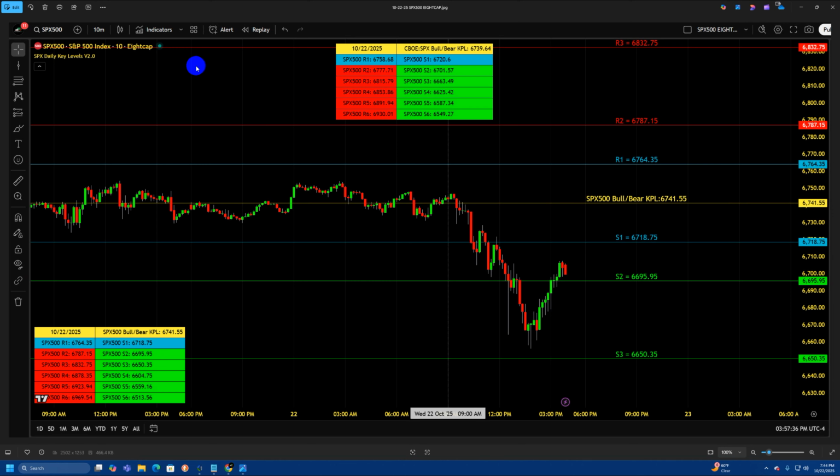Now another reason you'd want to have the indicator on this symbol, if you are trading SPX index options, is that you get the levels for the CBOE SPX index 30 minutes before it opens at 9:30.